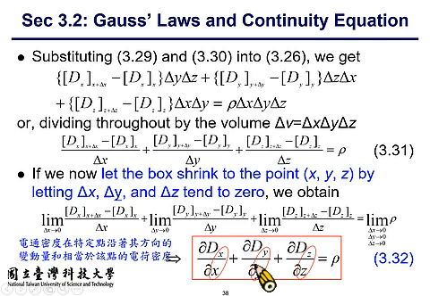The sum of the three differences should be non-zero, right? Because rho is the charge density at this point, rho is non-zero. Therefore, the sum of the three differences should be non-zero as well.